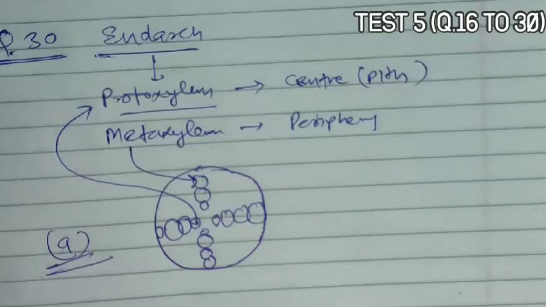In a vascular bundle diagram, protoxylem is towards the center and metaxylem is at the periphery. This is the protoxylem and this is the metaxylem. Protoxylem is present towards the center, so the endarch condition is found here. So the correct answer is option A.